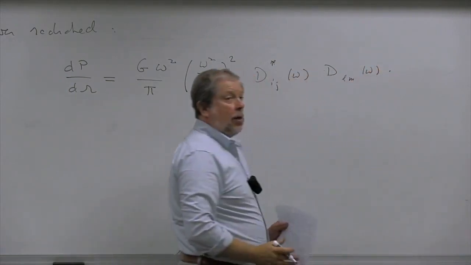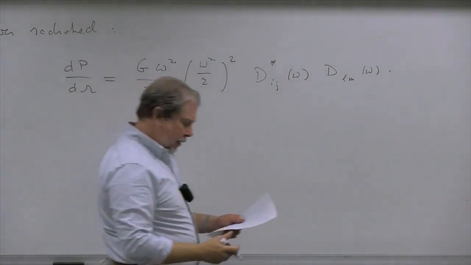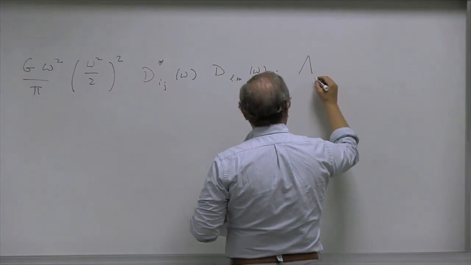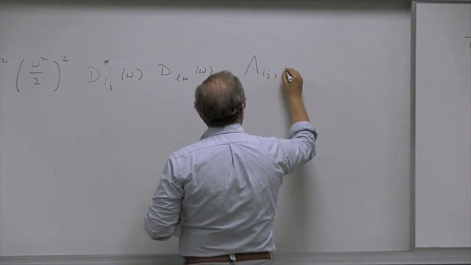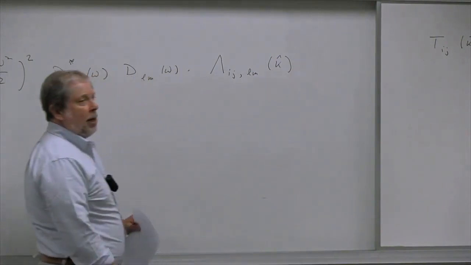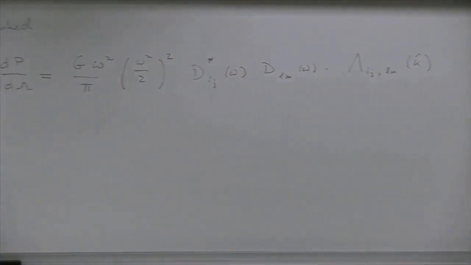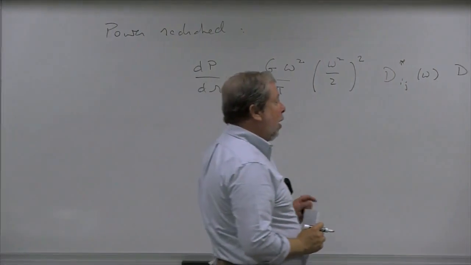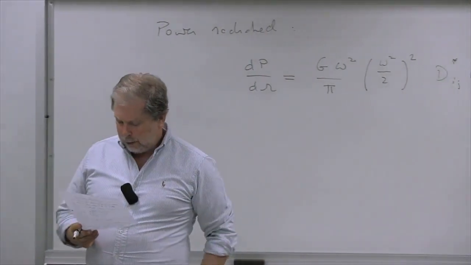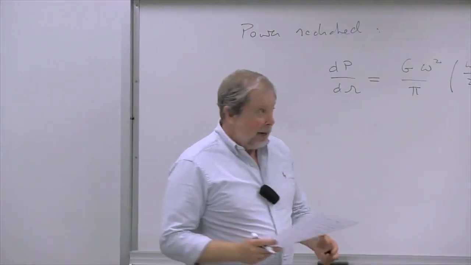And we're still stuck with that lambda matrix, right, which had some horrendous form. And so we just write that in here again. So it's a Lambda_ij,lm. And again, let's remind ourselves that it only depends on the direction of the k vector, but not on the magnitude, right? Just on the unit vector built out of the k, right?